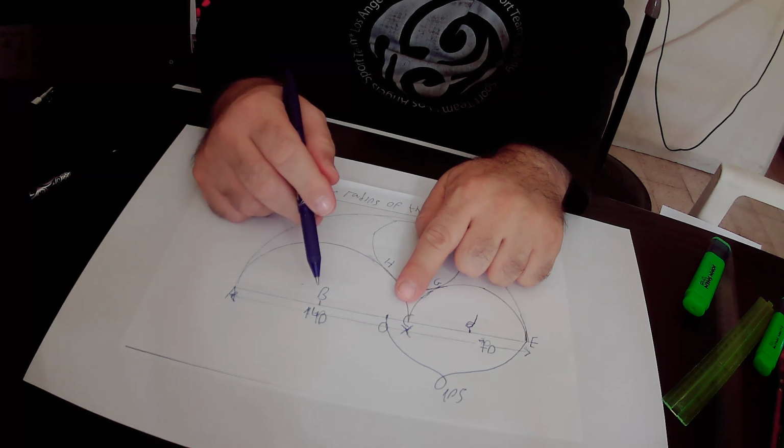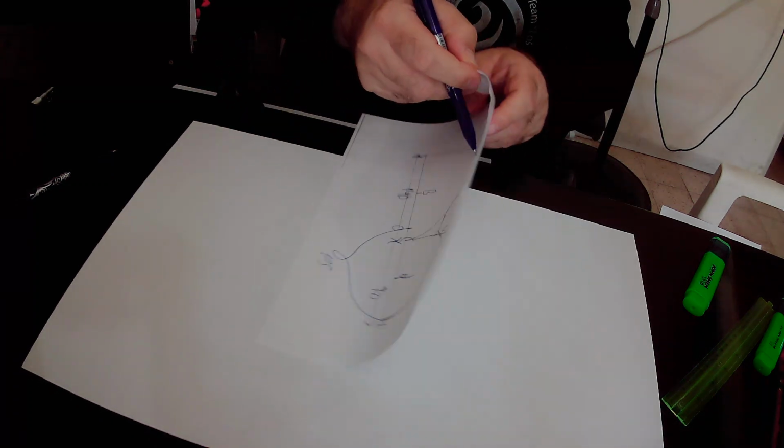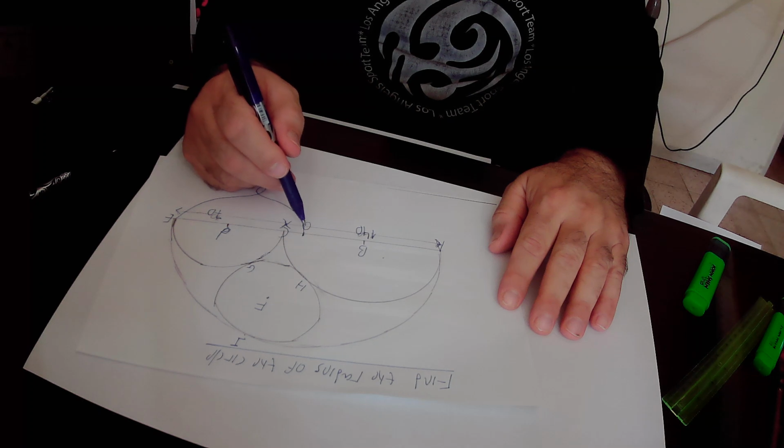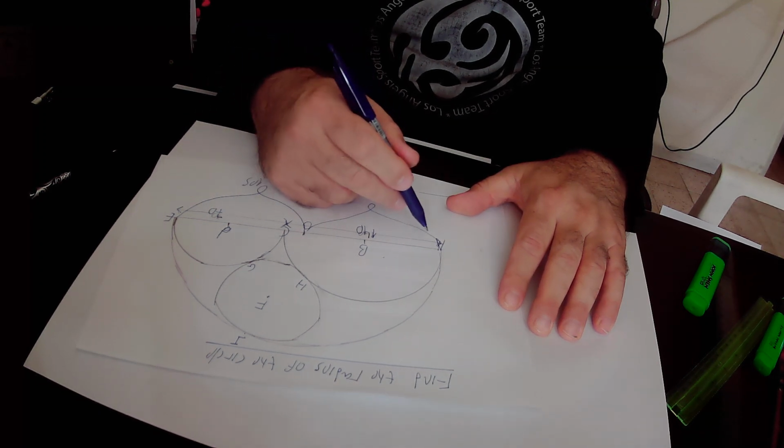That is to say, AO is the radius of the biggest semicircle, equal to 105 units. AO equals 105 units.